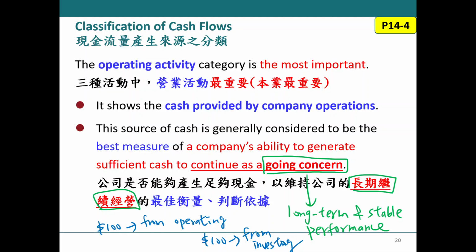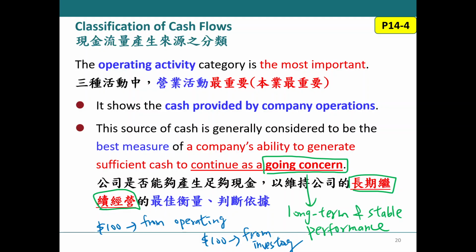Operating. Why? I have $100 from operating, I could expect next year I will have $100. But when you have $100 from investing, are you sure you still have $100 next year? Not sure. Who can make sure they are always successful on every investment project?